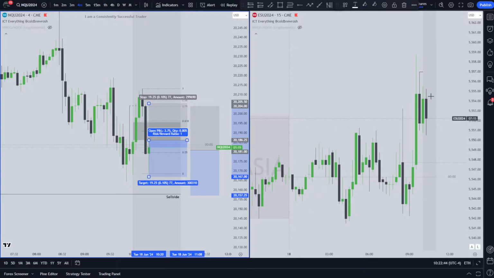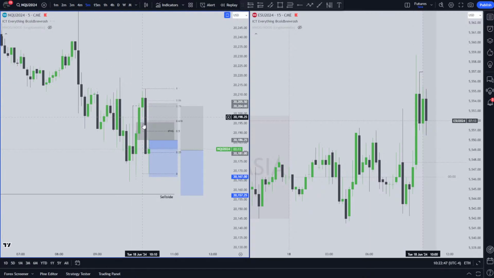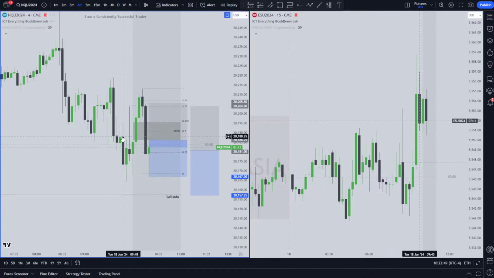Has it inversed this 5 minute? Let me see. Okay, so we inverse the 5 minute also. I mean, for market structure, this does look quite bearish. So I'm fairly confident about this trade. Like, I feel good. We'll just have to see how that plays out.